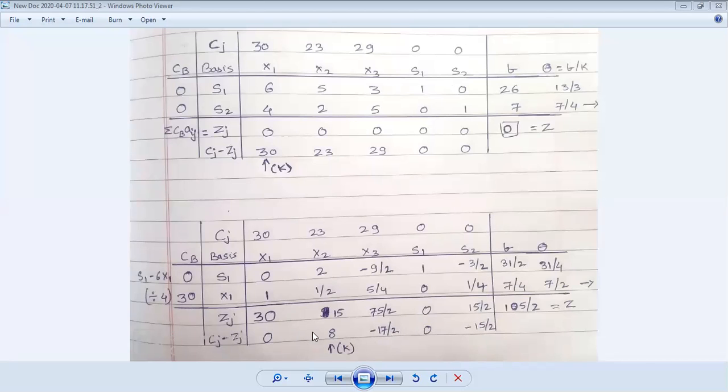Now you try to monitor this row. In case of maximization, unless and until you have at least one positive value, you can continue. In case of maximization, you are looking for a positive value, and whichever is the most positive value, select that column. The stopping condition in case of maximization is when all the values are less than or equal to 0.